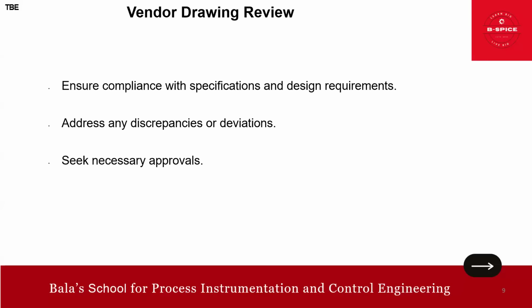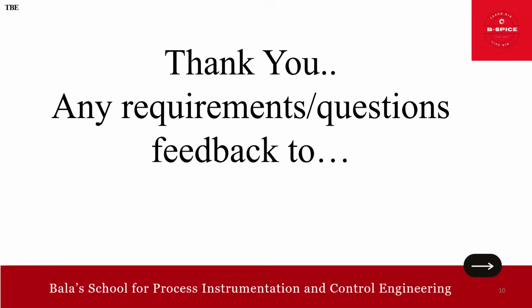Of course, we need to seek approval. Once it is reviewed and you clear it, they will proceed with the other process. That's it, friends. These are all the things I have for you on the so-called TBE.